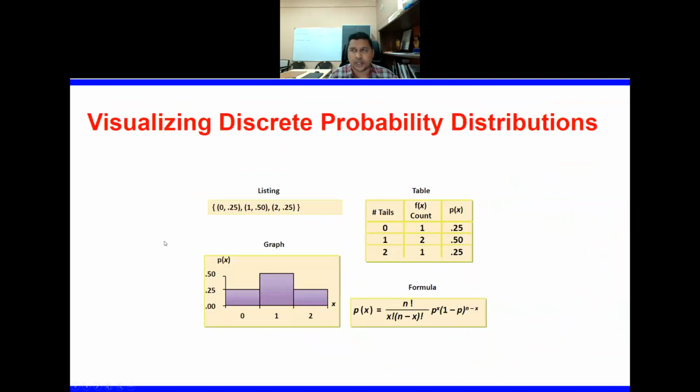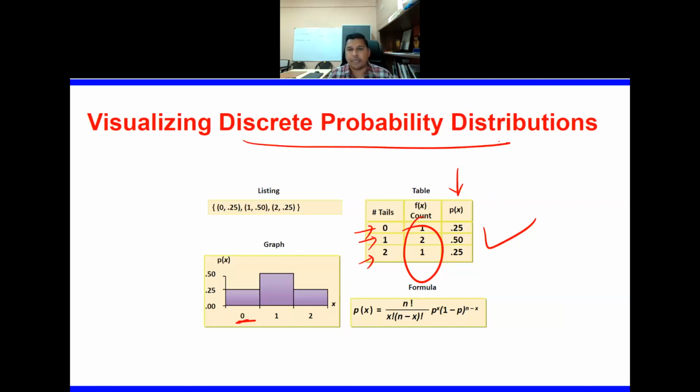If you visualize this in a kind of table, we draw the same thing: getting zero tails, one tail, two tails, its count and its probability. And if you draw a graph, getting 0 is something like this, getting 1. This is just a pictorial representation, visualizing the discrete probability distribution. Again, we have continuous probability distributions as well.